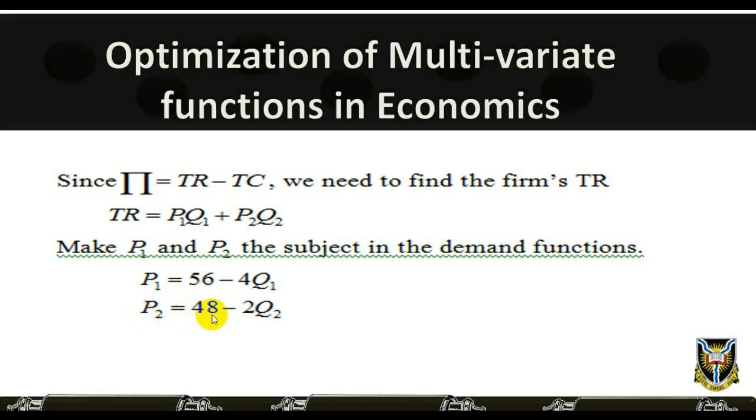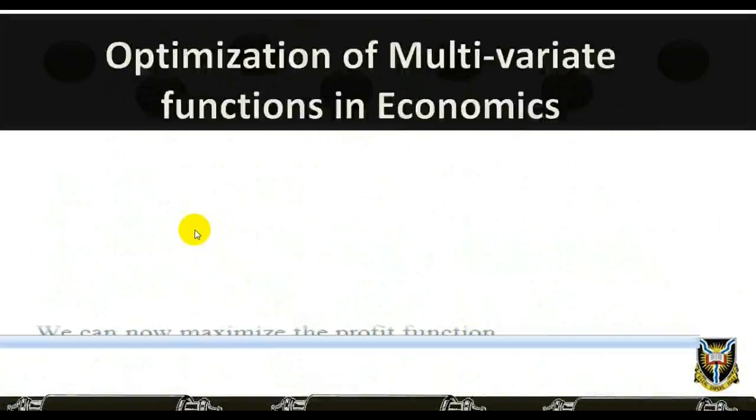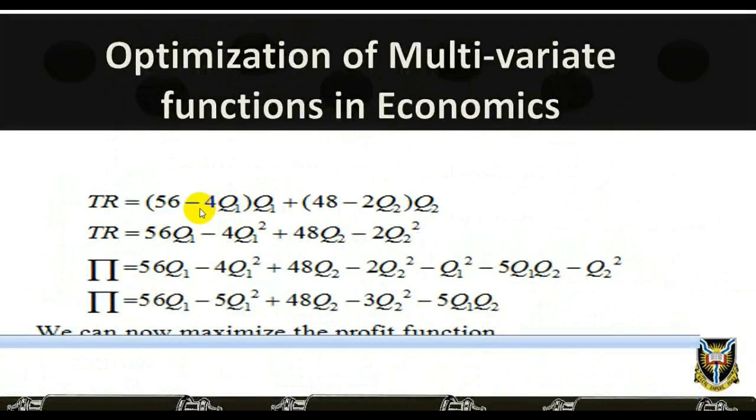P2 equals 48 minus 2Q2. TR therefore equals 56 minus 4Q1, all in bracket, times Q1 plus 48 minus 2Q2, in bracket, times Q2. TR equals 56Q1 minus 4Q1 squared plus 48Q2 minus 2Q2 squared.